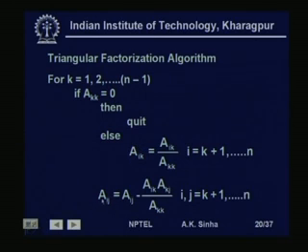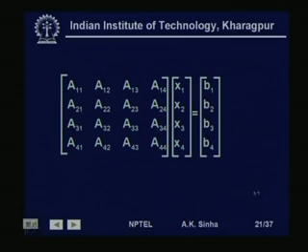Then similarly, we can find out a i j as equal to a i j minus a i k into a k j by a k k, where i and j are from k plus 1 to n. So, this way we can try and get both the lower and upper triangular part of the matrix.